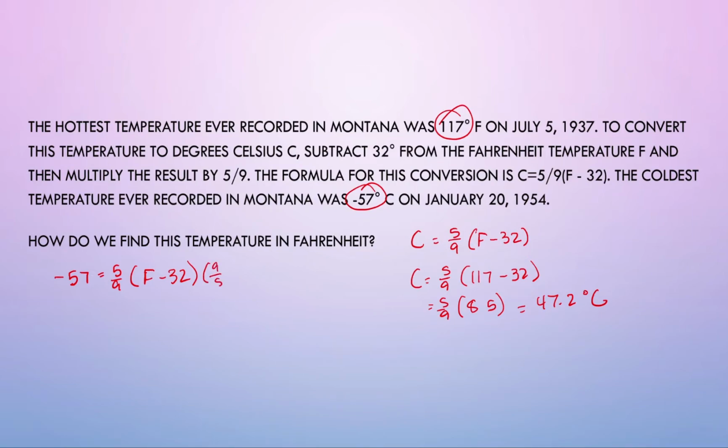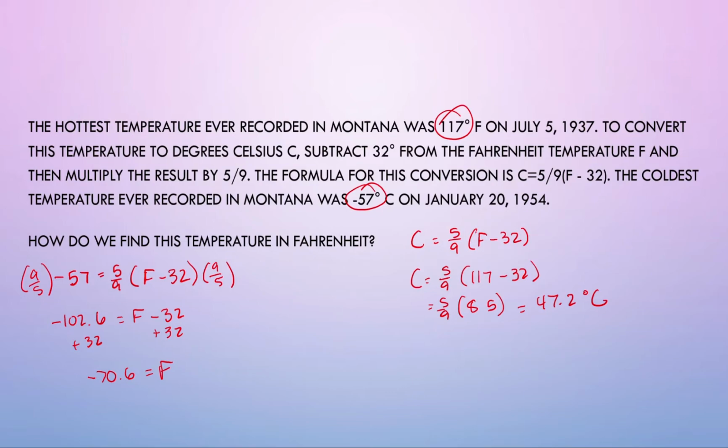We're going to multiply this by 9/5, which is going to be -102.6 equals F minus 32, and then add 32. Which gives us a Fahrenheit temperature of -70.6. So that's one way we can do it.